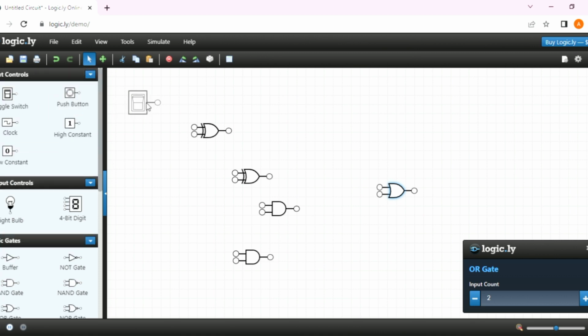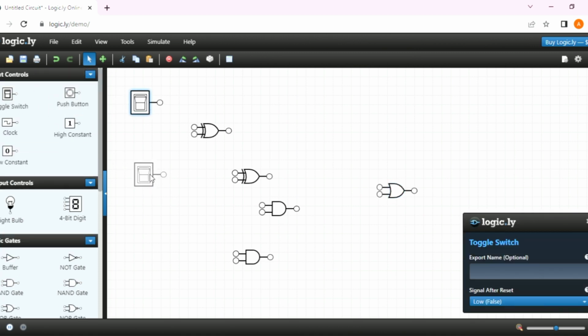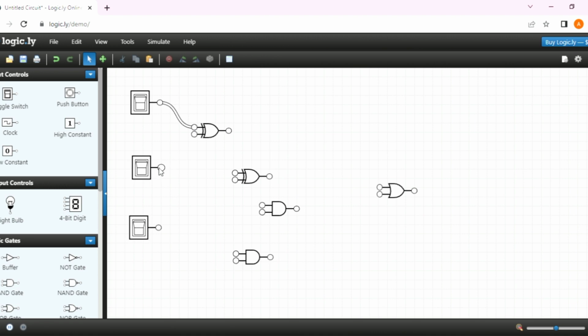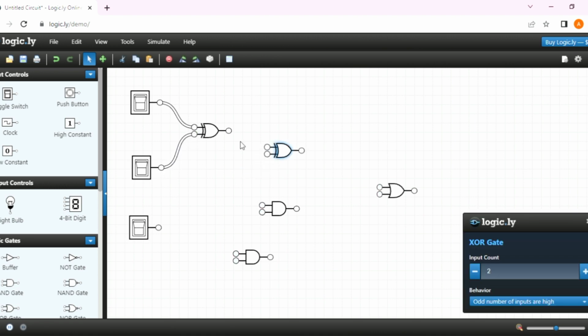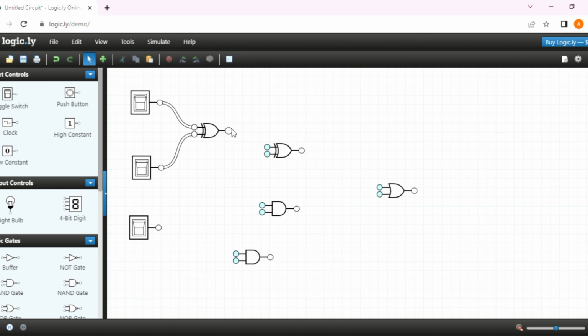So in a full adder there are 3 inputs. Connect the first 2 inputs to the first XOR gate. One of the inputs of the second XOR gate is the output of the first XOR gate, and the other is the third input.